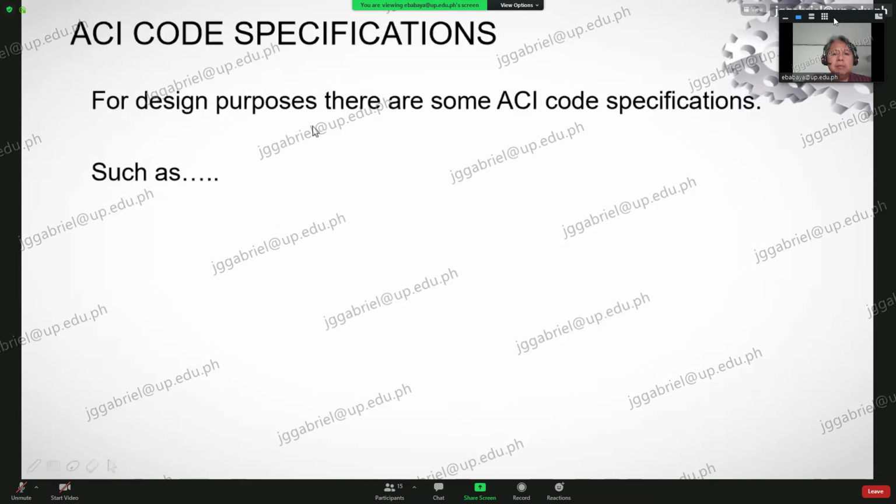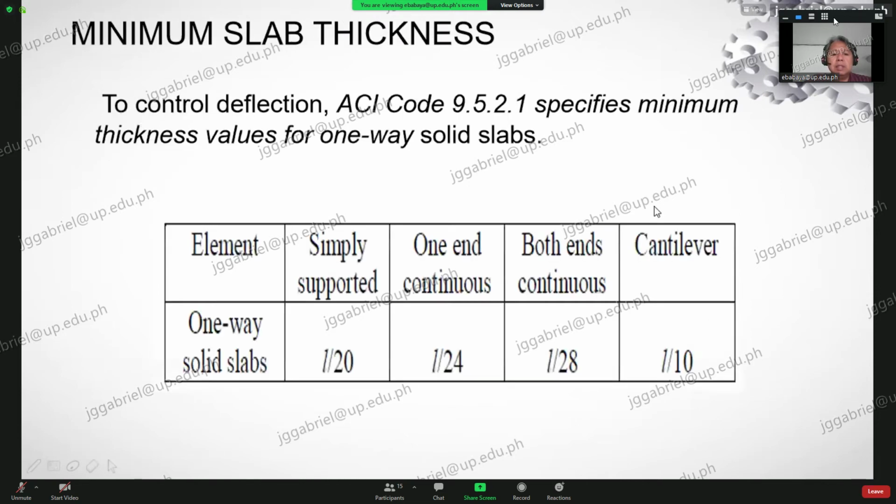Okay, for design purposes, there are some ACI code specifications, such as this one. No? To control deflection, it specifies minimum thickness values for one-way solid slabs. If we have simply supported, L over 20 ang minimum thickness. No? For one end continuous, that's L over 24.